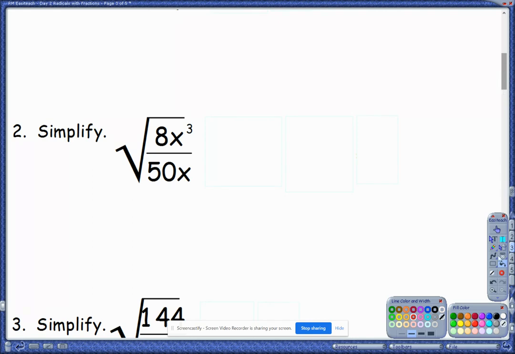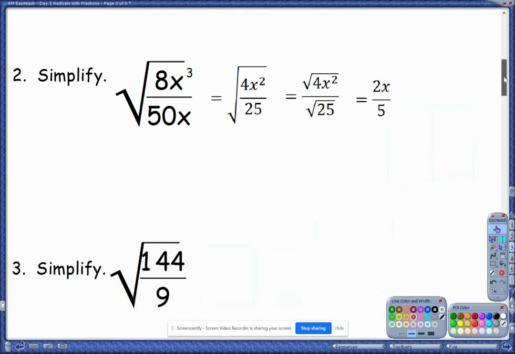So 8 over 50 becomes 4 over 25, and the x cubed in the numerator cancels with one of the x's in the denominator to give you just x squared. Now 4 is a perfect square, x squared is a perfect square, and 25 is also a perfect square. So once we separate the radical to the numerator and the denominator, we get 2x over 5.